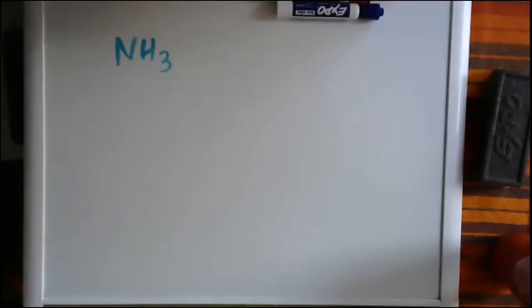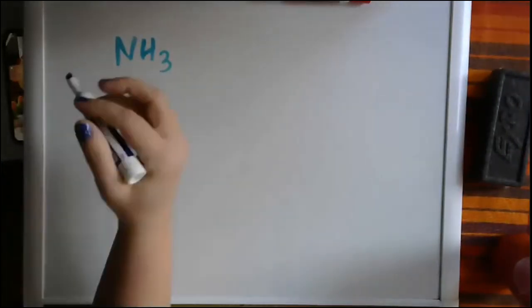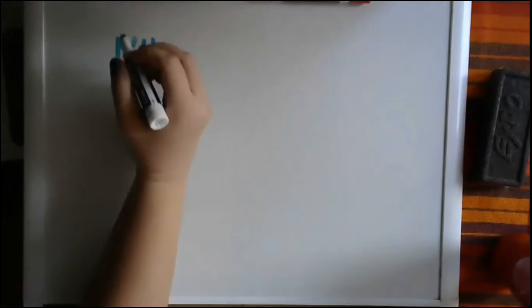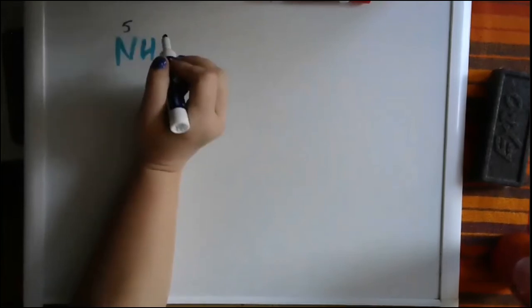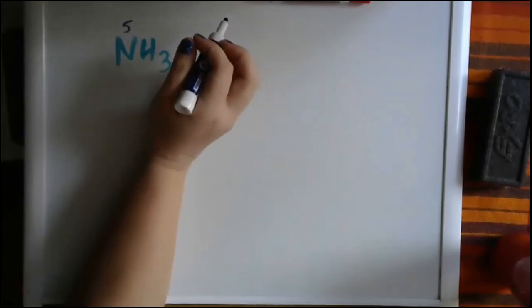Okay, let's start with NH3. So thinking back to step 1 of our to-do list, we need to calculate the total number of electrons available for the Lewis structures by summing up the valence electrons present. What I like to do is write out the number of valence electrons that each thing has on top of each atom. So every nitrogen has 5 valence electrons.